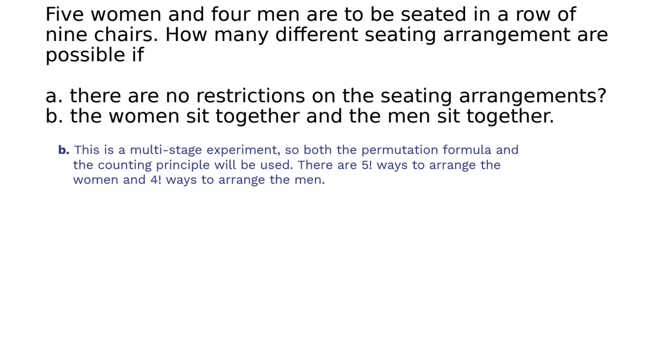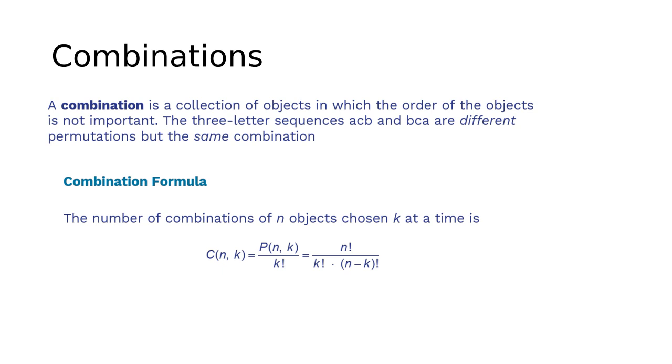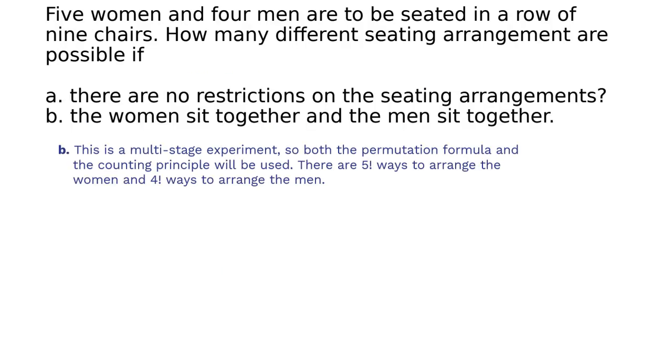And so if we look at this, oops, let me go back, and let me get a pencil. So if we look at the counting principle, let's look at the women first. For the women, we would have 5 factorial, right?